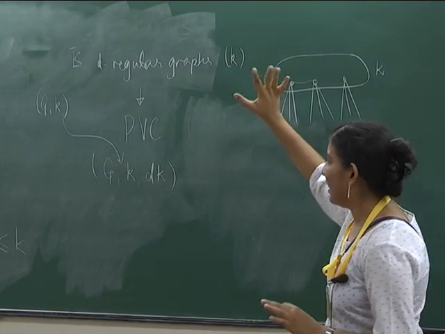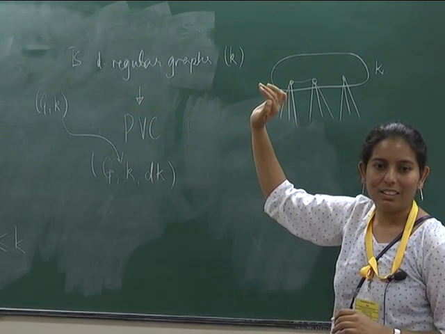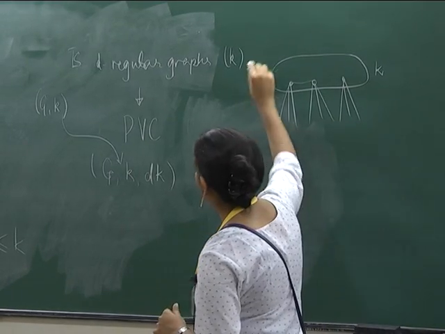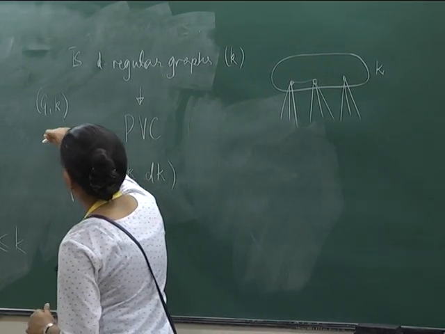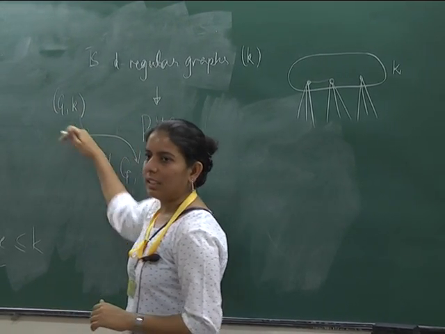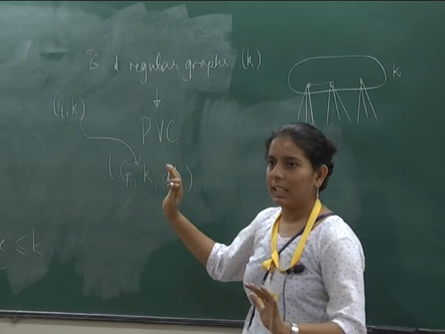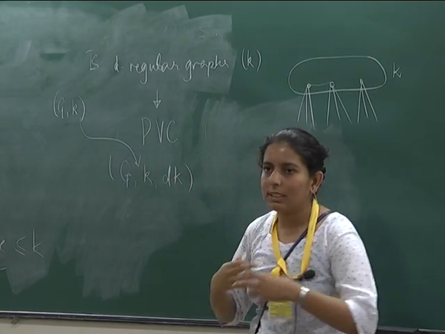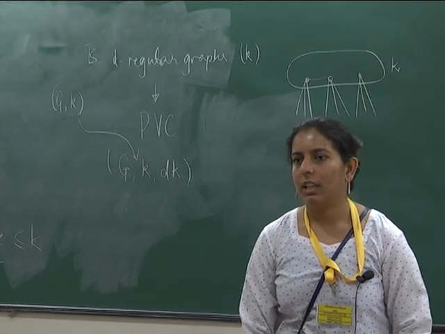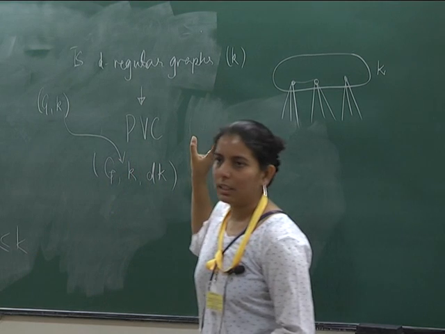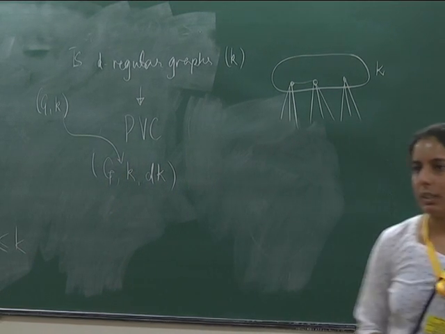But here, if you're just looking for an independent set of size k, that just translates to a partial vertex cover of size k in a completely straightforward fashion. The same set acts as a partial vertex cover. And the reason it's useful to have d-regular graphs is to make this argument really simple.